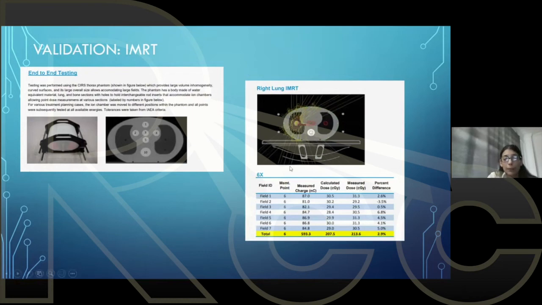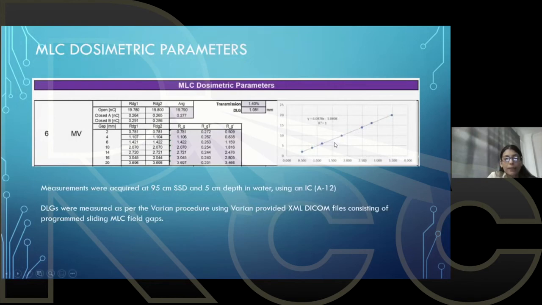For example, these are some preliminary results that we have on a lung case. If you see here, we had a field where we ended up seeing a 6.8% difference. We weren't happy about it.